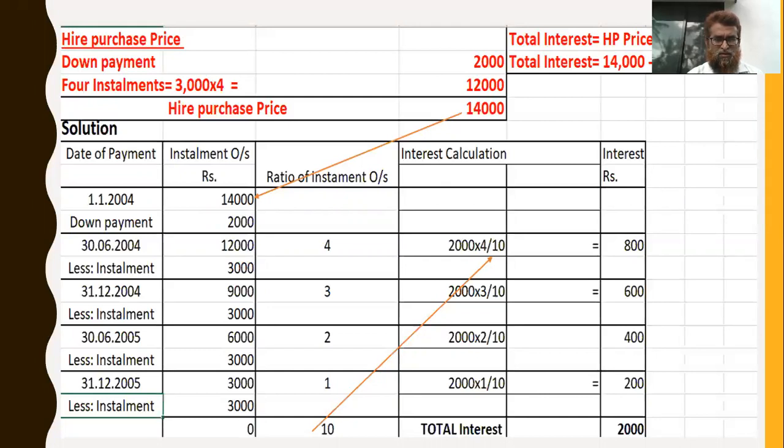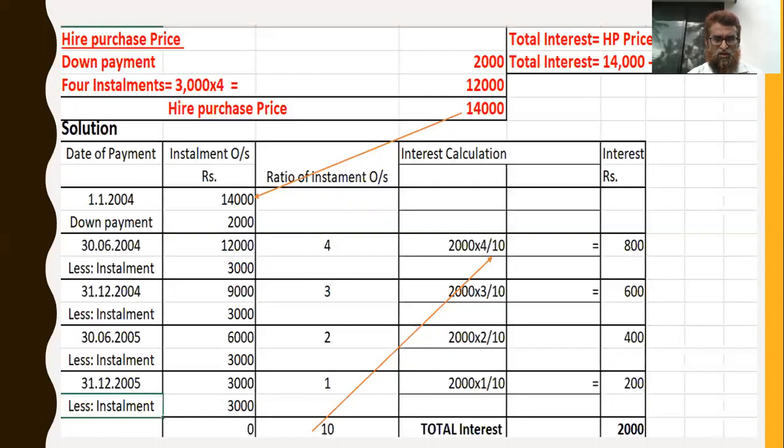Again, deduct the first installment amount 3,000. Now, by the end of the first year, that is second installment, the balance outstanding will be rupees 9,000. Now, again, minus the second installment of rupees 3,000. Now, by the end of third installment, that is 30/6/2005, the balance outstanding is 6,000. Now, deduct the third installment amount of rupees 3,000.